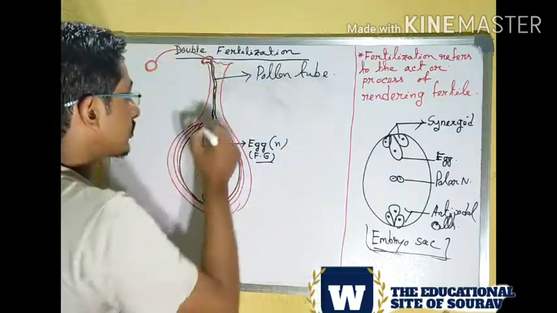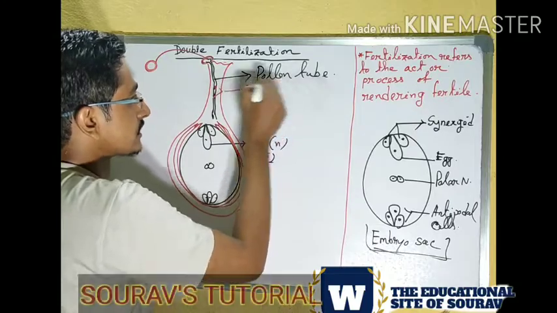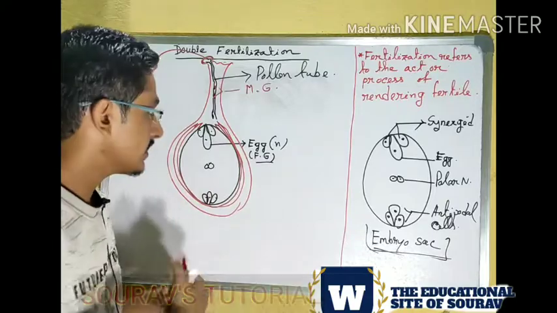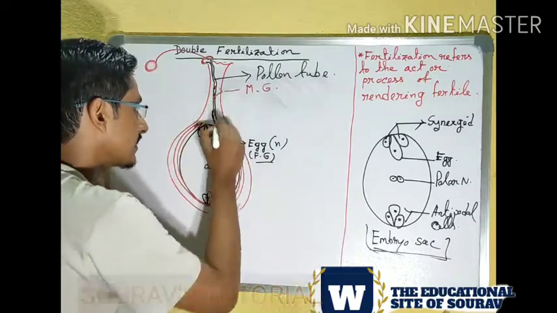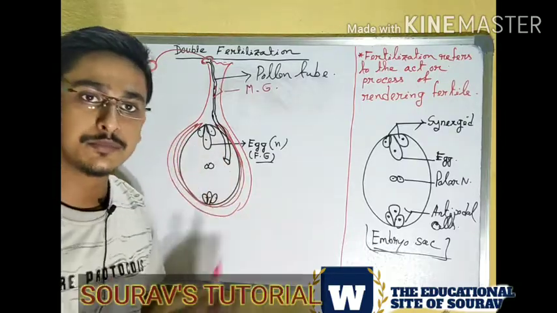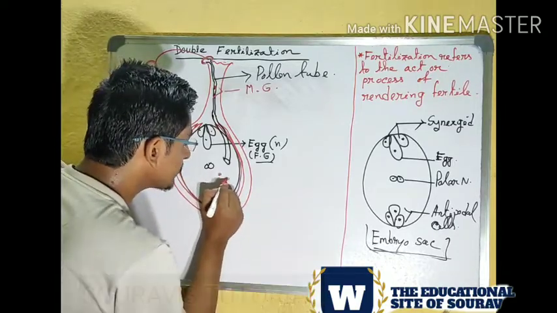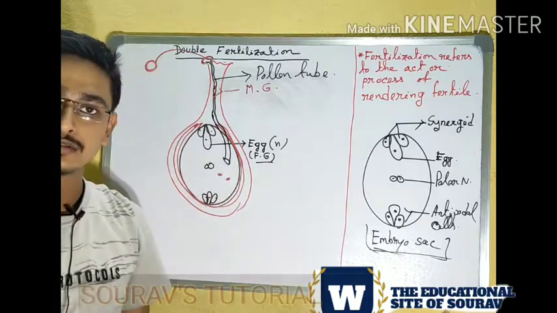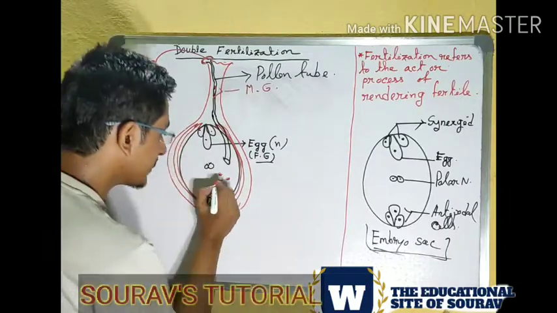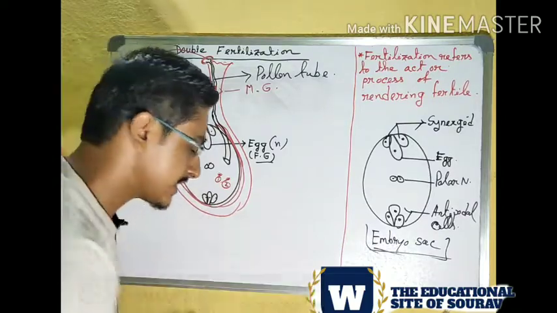Now suppose this tube entered. When it enters this embryo sac, these two male gametes are also released into the embryo sac. This is one male gamete, and that is the second male gamete.